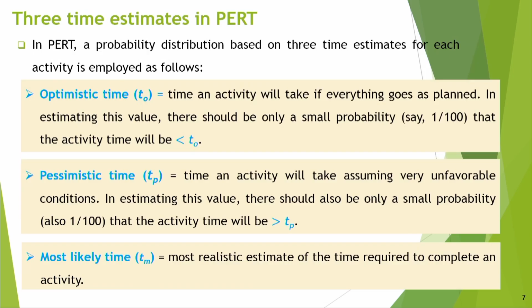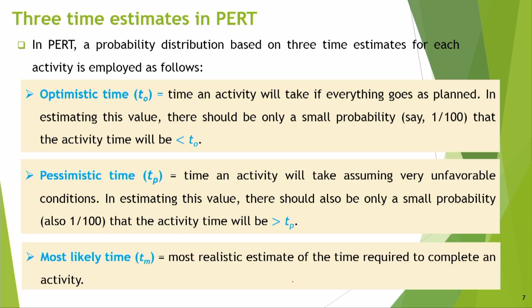Now, coming to the main part which makes it distinctly different from CPM, that here you have 3 time estimates in PERT. In PERT, a probability distribution based on 3 estimates for each activity is employed as follows. Based on the 3 estimates of time, we fit a probability distribution. Okay. And we say that here we employ the concept of beta distribution.